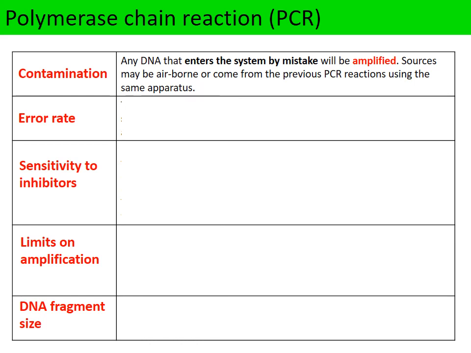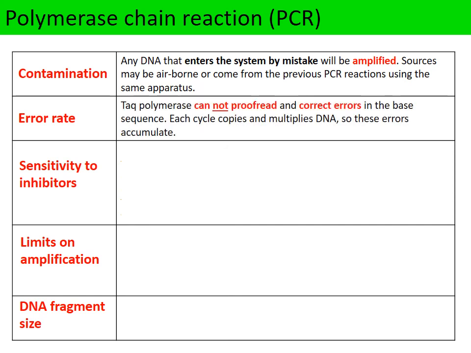The second issue with PCR is that the Taq thermostable DNA polymerase is taken from a bacterium, and bacterial DNA polymerases do not check which nucleotide has been added to the brand new strand of DNA. So Taq DNA polymerase does not proofread the new strand.